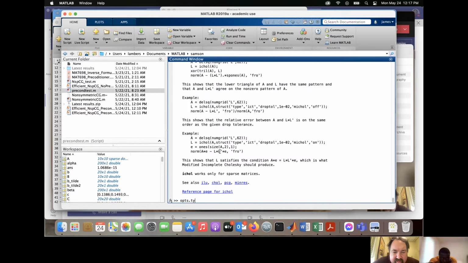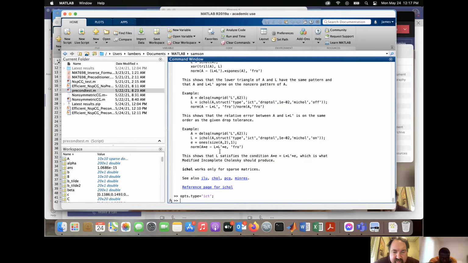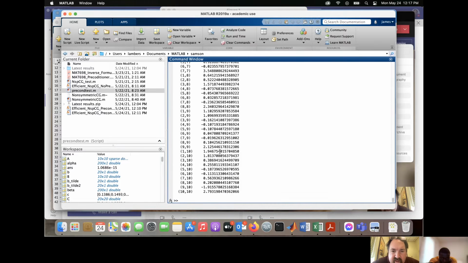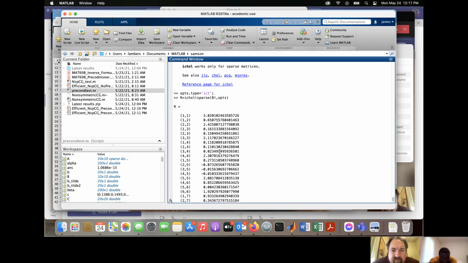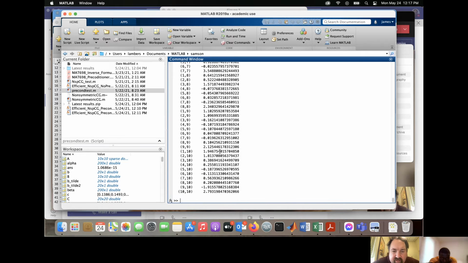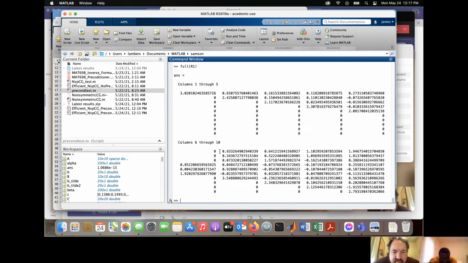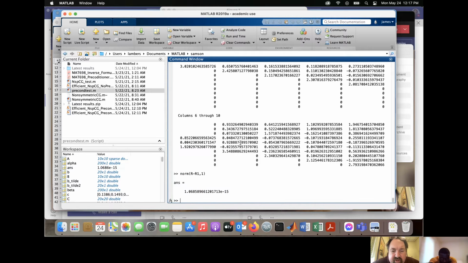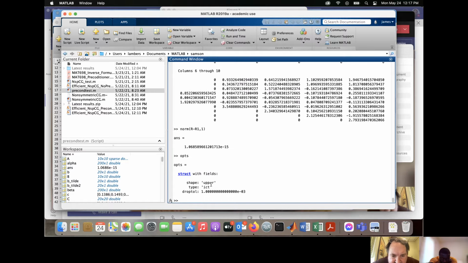Okay, so it still worked. But the factors are again the same, but I specified a drop tolerance. Okay, 10 to the minus.